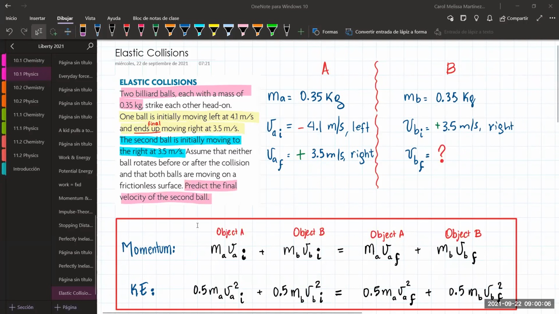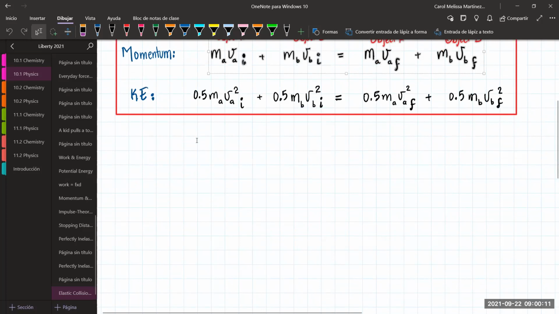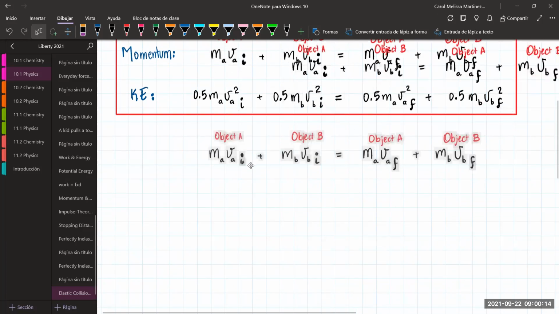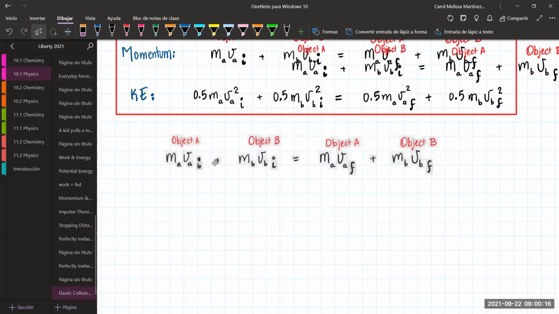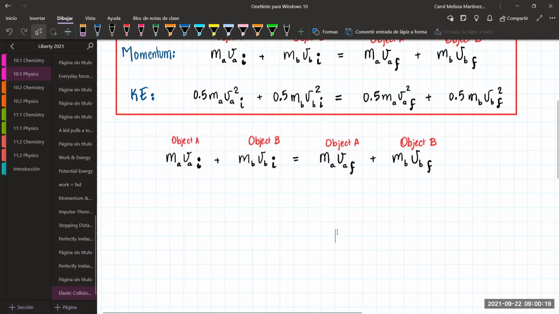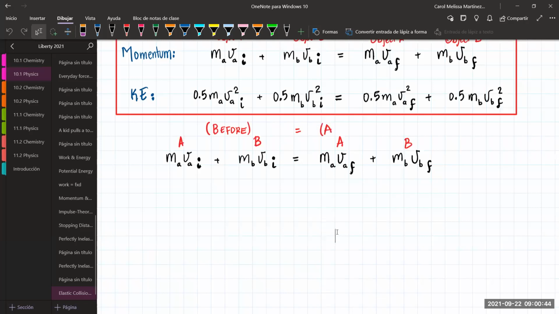With all this information, I will take the equation for momentum, and I will start by writing all my data. So when you write this formula, object A, object B, object A, object B. Remember, this is before the collision, and this is after the collision.